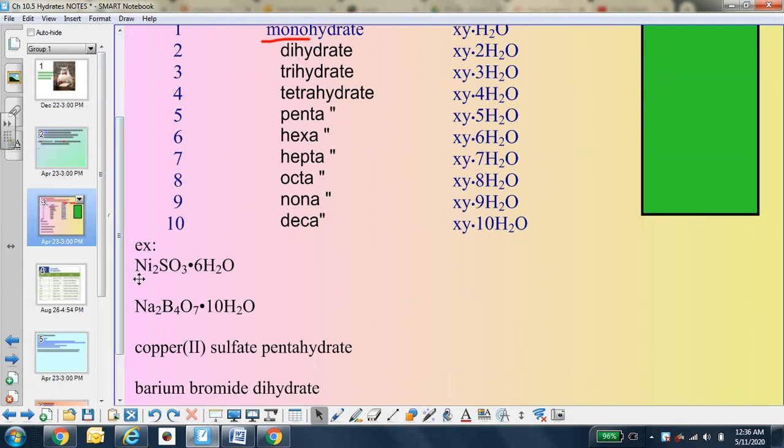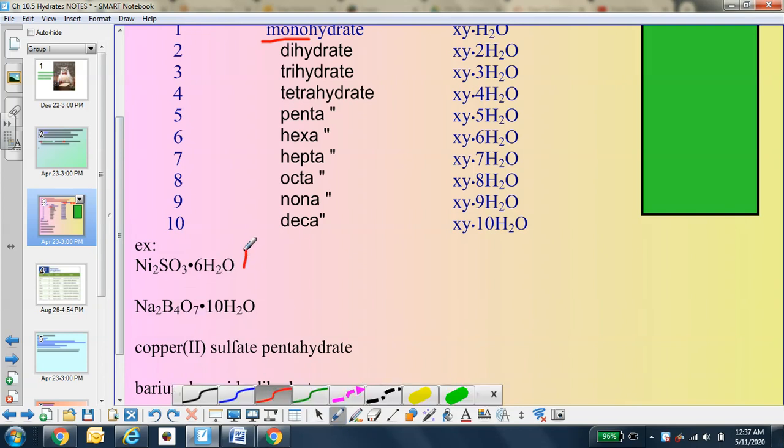So let's examine our first example here. We have to figure out where our cation and where our anion is. The first element is a metal cation. Ni stands for what metal? Nickel.